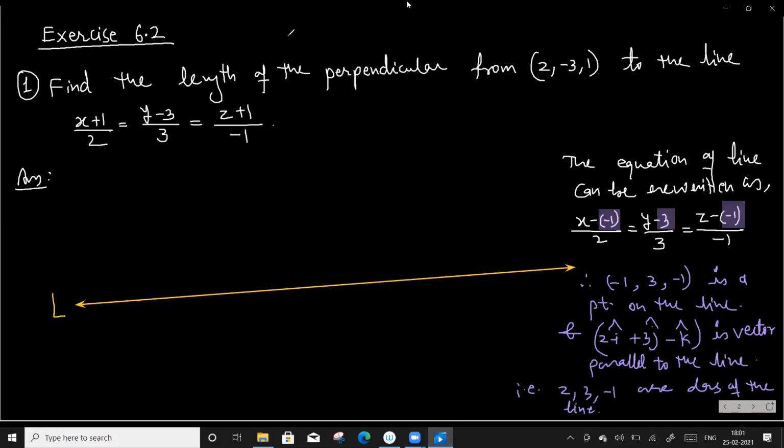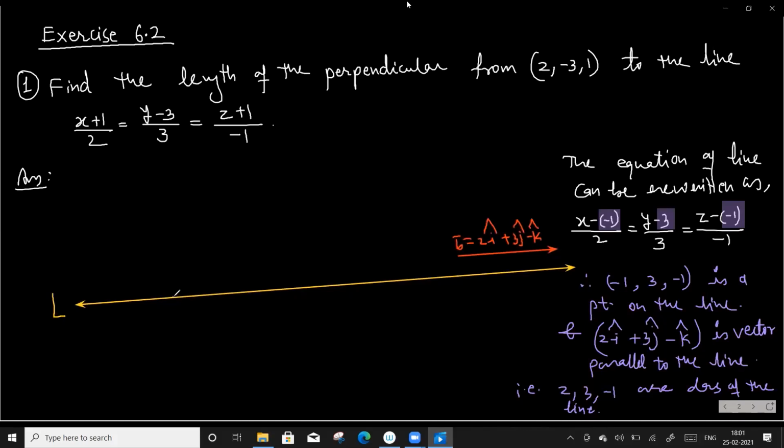Okay, fine. Now check this. I will take one point and a vector parallel to the line. Let me draw the vector parallel to the line, and I write the vector as b bar, 2i cap plus 3j cap minus k cap, and I have a point which is on the line.